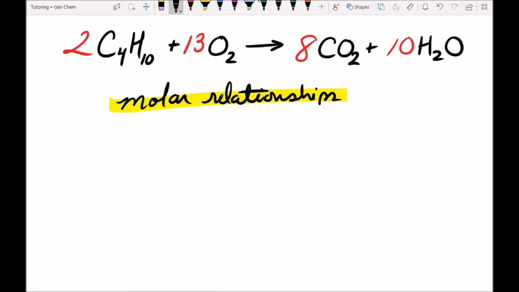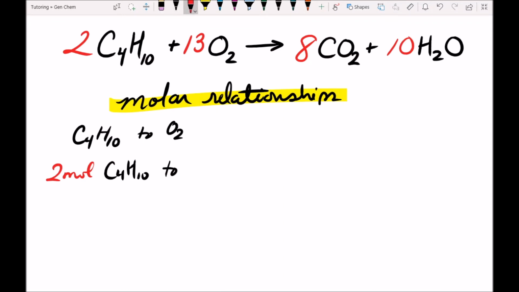So let's look, for example, at the molar relationship between butane and oxygen. For every 2 moles of butane, C4H10, we have a ratio of 2 moles butane to 13 moles of oxygen. And a ratio is the same thing as a fraction.